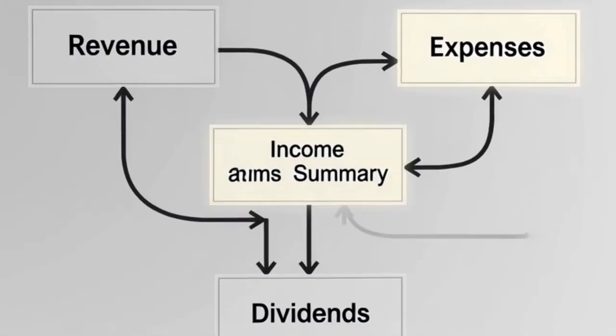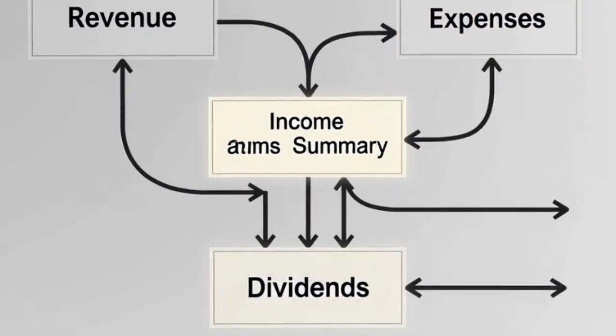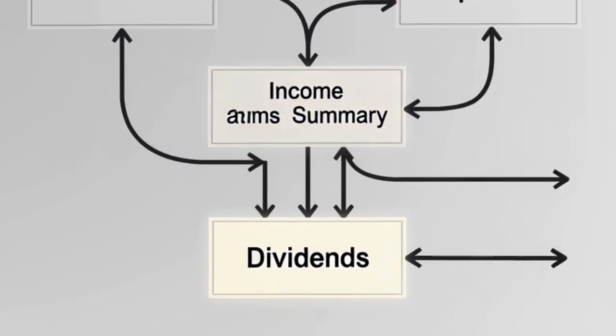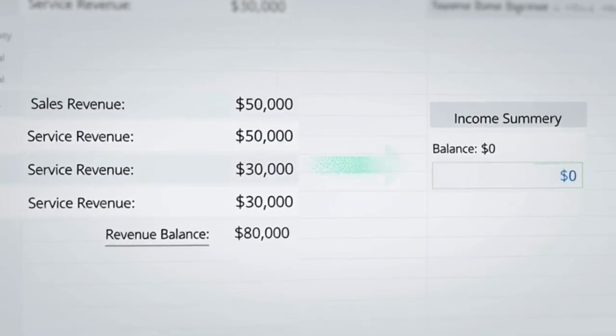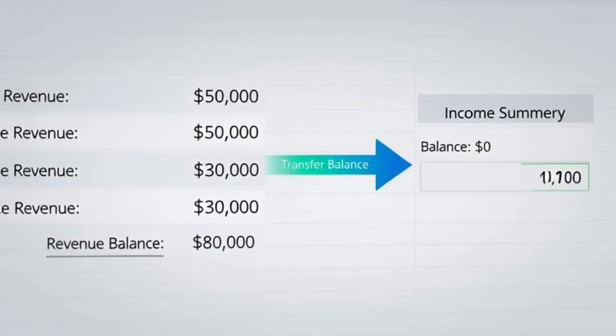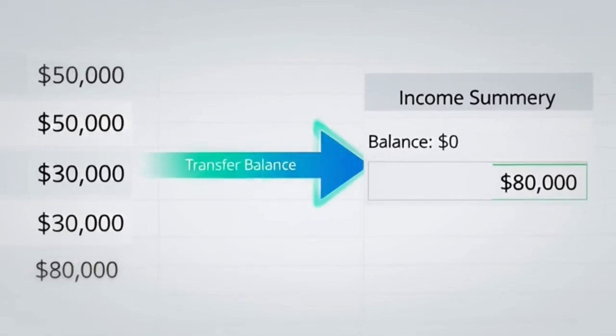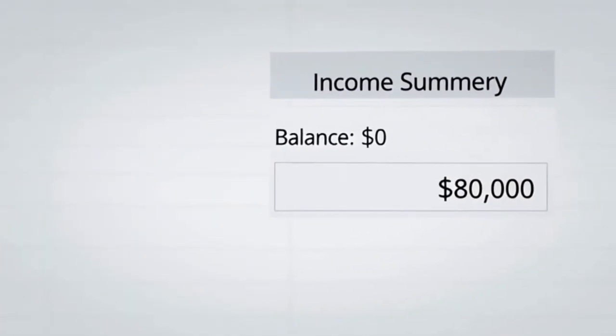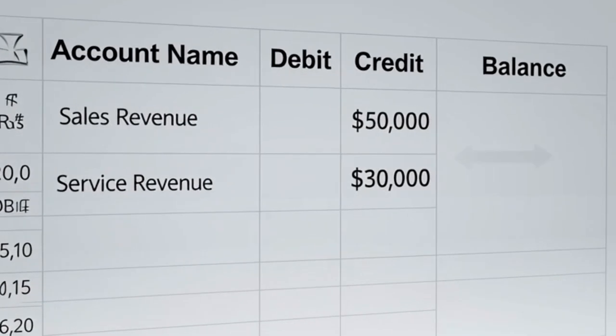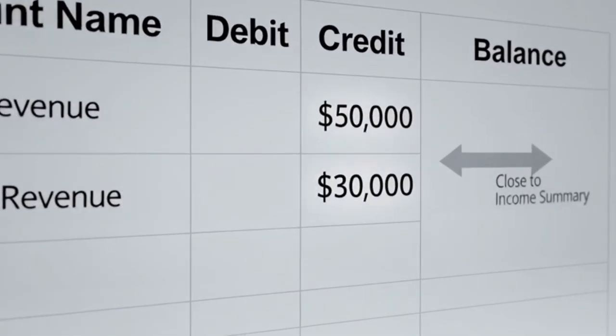First, revenue and expense account balances are closed by transferring their balances to the income summary, and dividends are closed to retained earnings. The first step in closing entries is to close all revenue accounts.